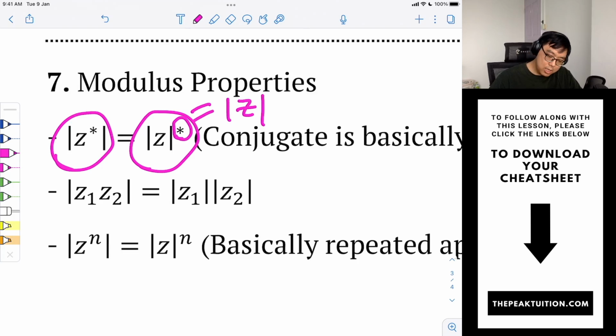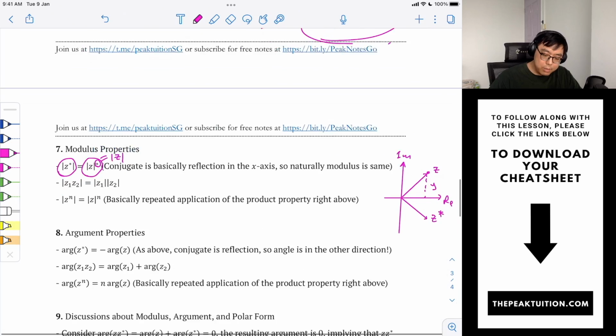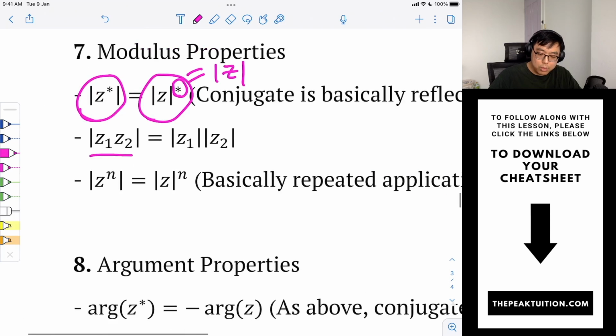Okay? Another thing is that when we multiply two complex numbers together, the modulus of the product equals the multiplication of the two moduli.